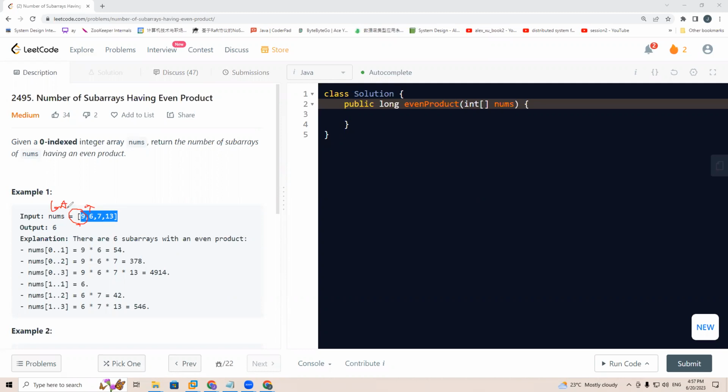And then for this range, from last even index plus 1 to current index minus 1, are all odd numbers. So those subarrays do not have an even number. We can count this part.